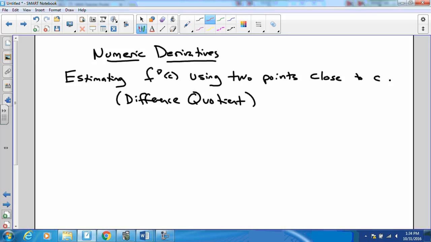Now, to help illustrate what I'm talking about, we're going to create for ourselves a typical kind of situation where this might occur. When I am estimating f prime of c, there are 2 main circumstances in which I might wish to do that. The first is if I am confronted with a function that I don't have a derivative rule for and can't create using the limit definition.